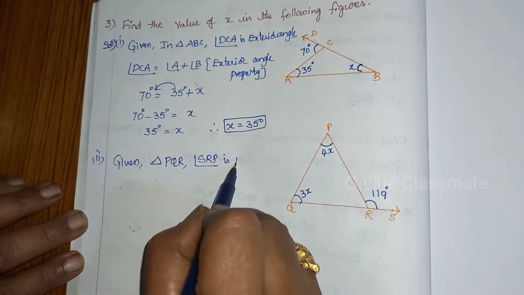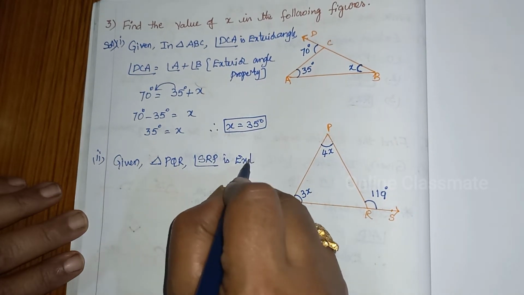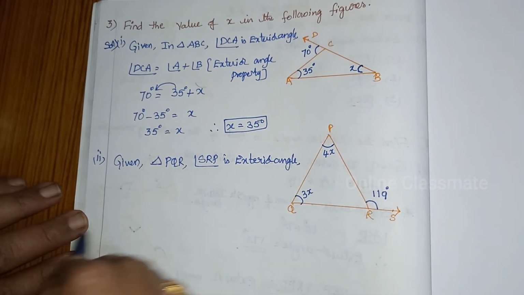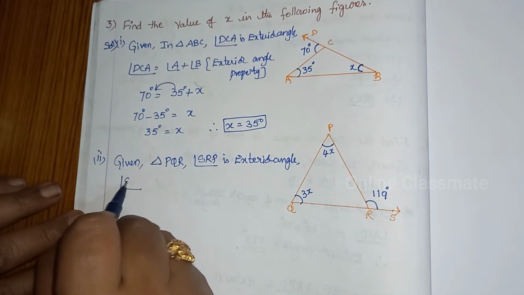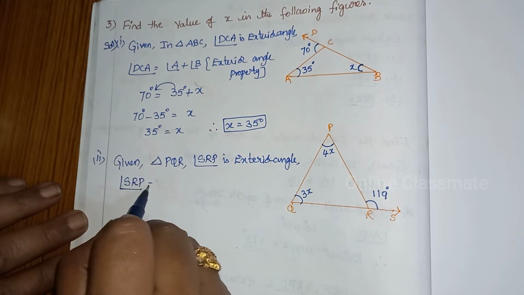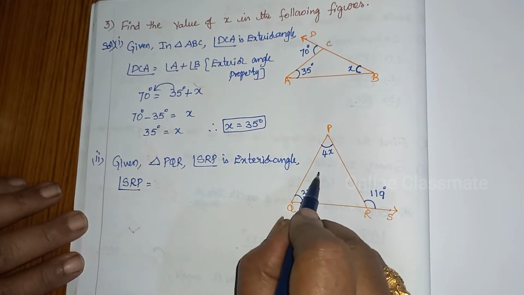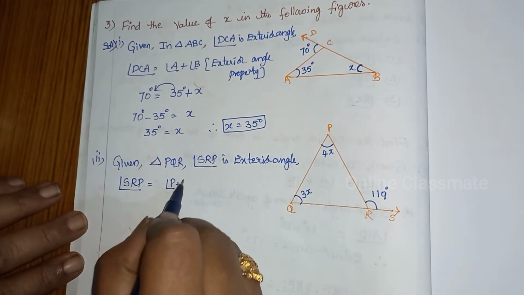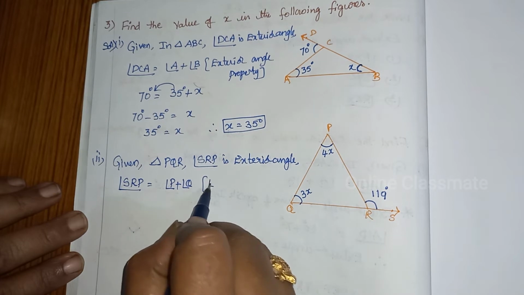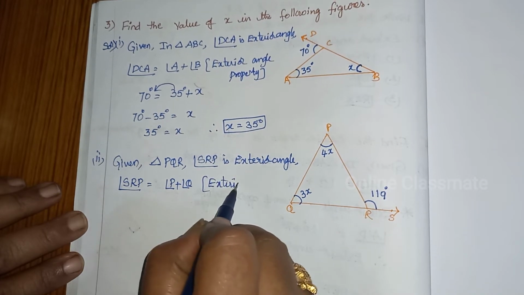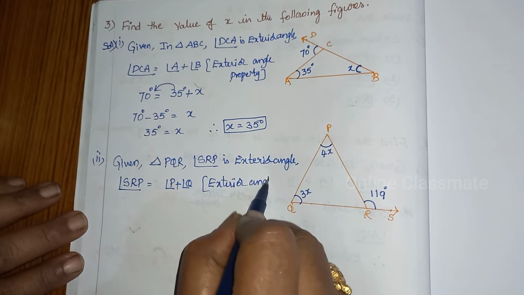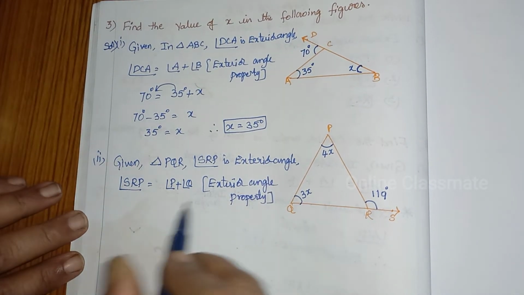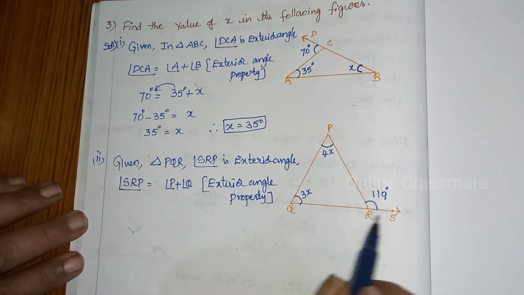SRP is the exterior angle. Angle SRP is equal to the opposite interior angles, angle P plus angle Q. Exterior angle property.